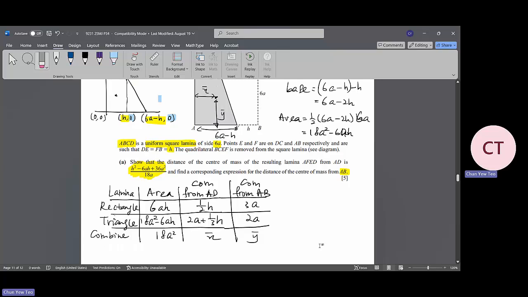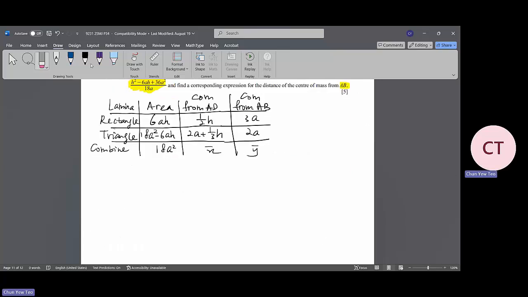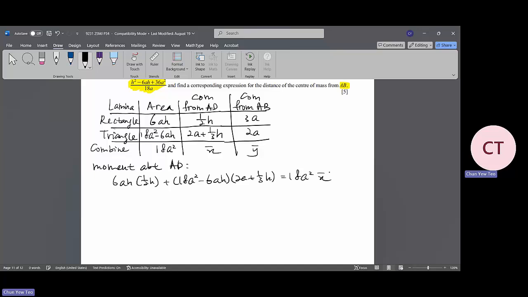So now we are ready. Just take the moment about the AD. So you have 6ah multiplied by half of the h, plus the 18a squared minus the 6ah multiplied by 2a plus 1/3 h is equal to the 18a squared bar x.